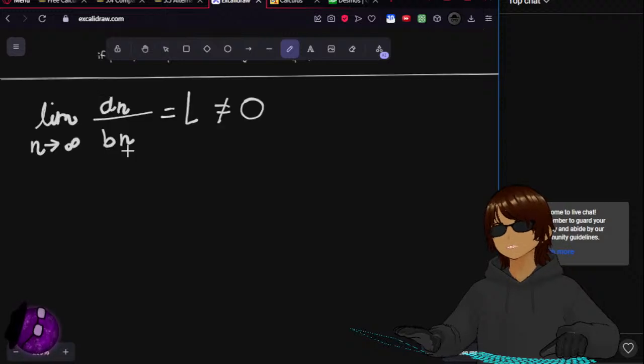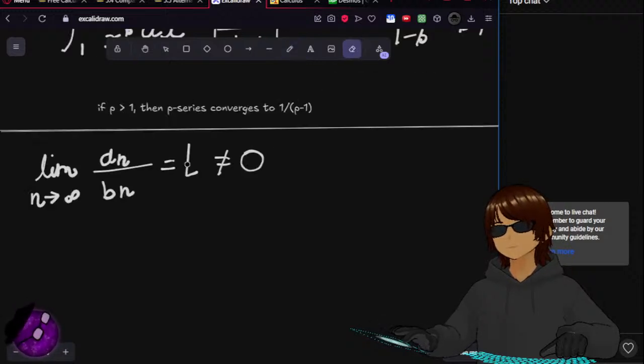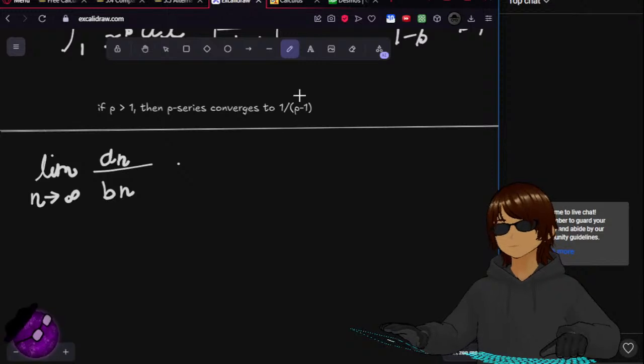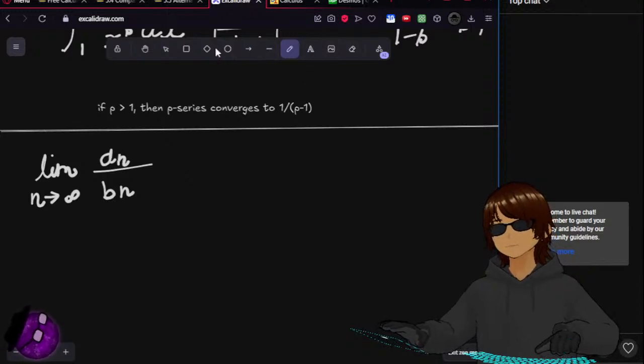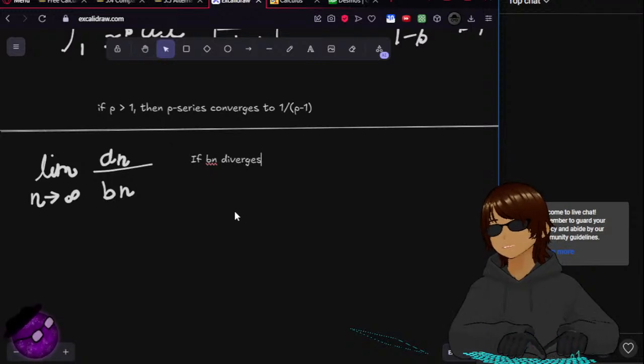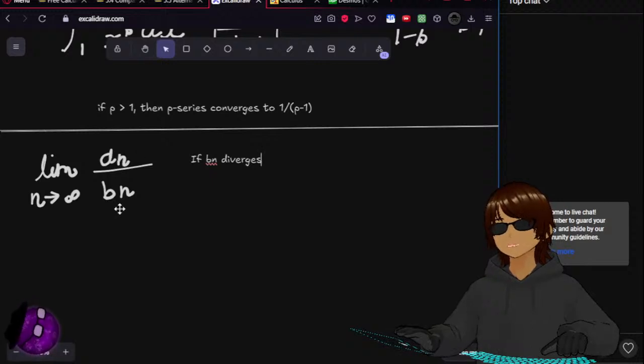Okay, let's see. Let's think about this. If bn diverges, then the entire thing is going towards infinity.